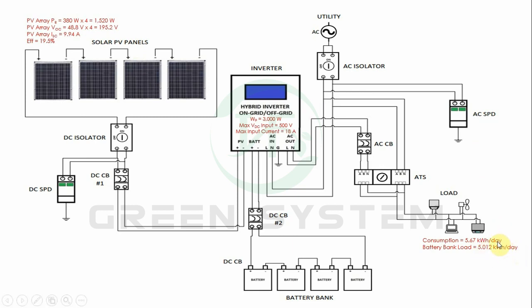So in order for our battery bank to supply power to this amount of load, we need around 4 pieces of 12-volt battery rated at 250 ampere hour each. And the next step is to compute for the circuit breakers.